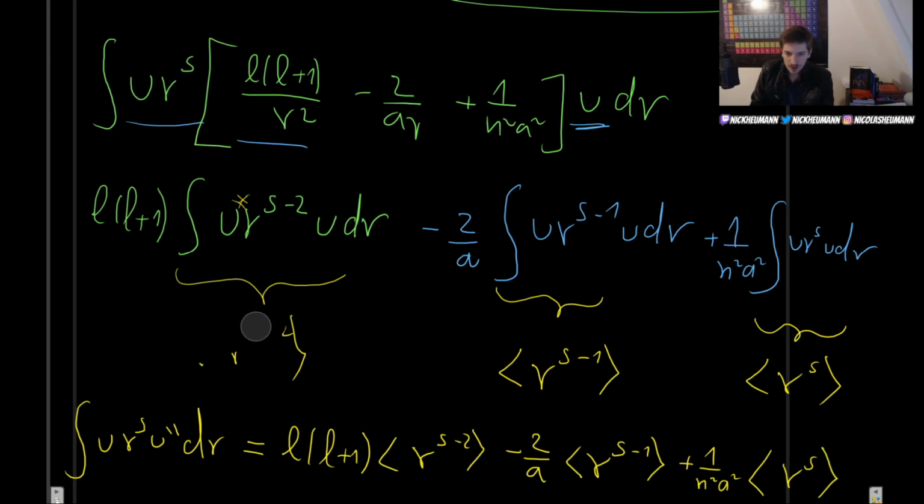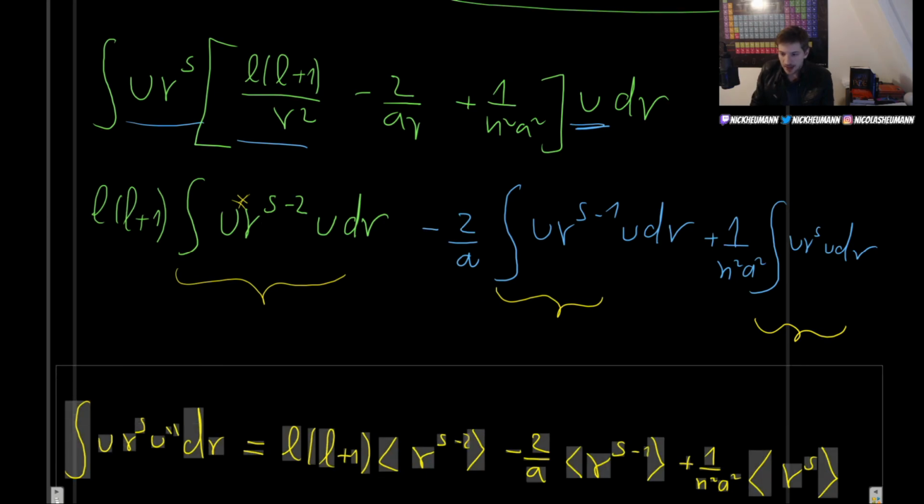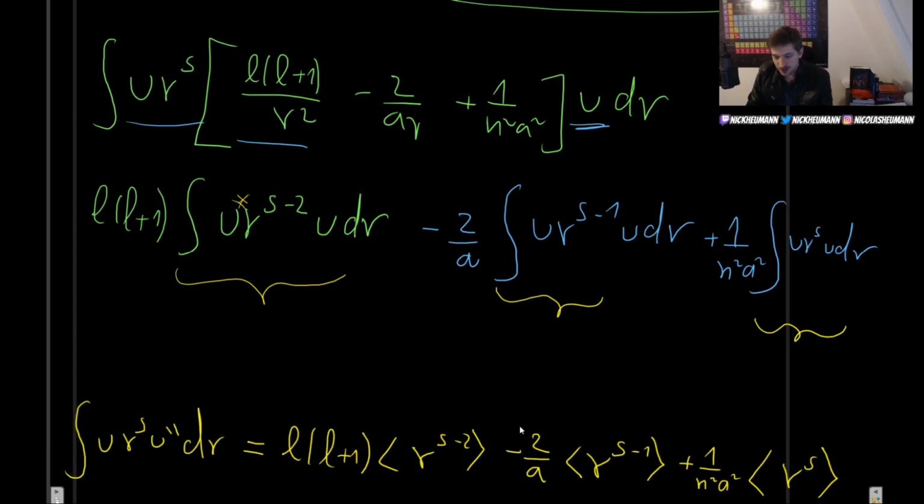All right, so maybe let's get rid of this. This is what we have now. And the right-hand side is looking quite good. I mean, it's got l, n, a, and all of those are constant, so there's no problem in them being there. And then we have the 3 expectation values that we actually want to end up with. So that's already looking quite good.